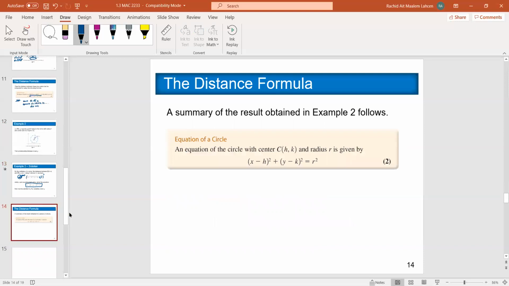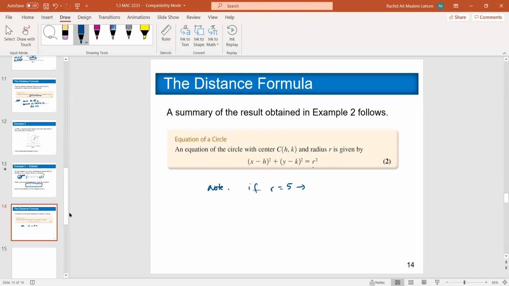So you get r squared equal to this. Here is the equation of the circle with center C with coordinates (h, k) and radius r, given by this formula. Keep in mind the note here: if r is 5, then the formula has 25, so you need to watch whether you have r squared or r.